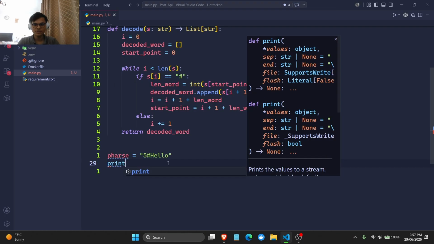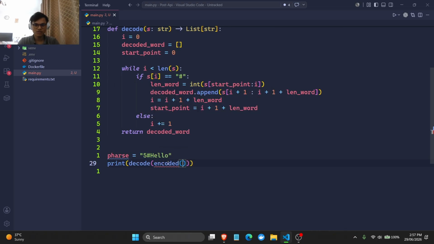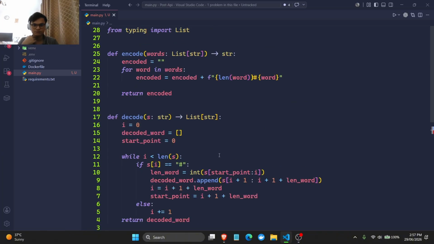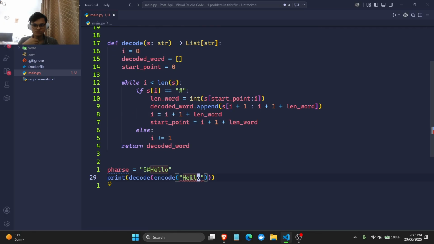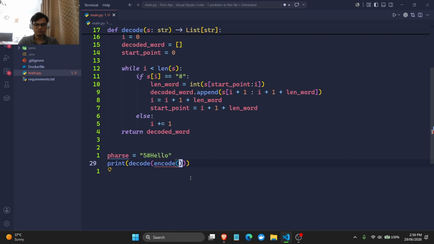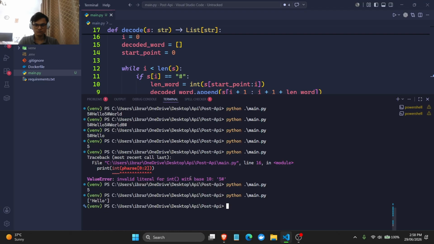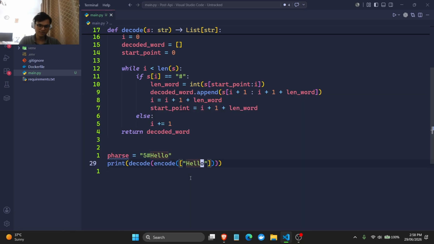Let's do print decode encode. Okay, so it does give that back.